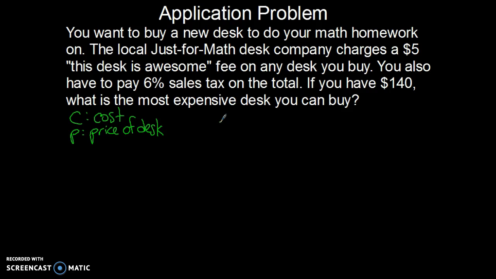Now if we want to find the total cost that we're going to have to pay, well, we know we have to pay for the desk, and we also have to pay that $5 "This desk is awesome" fee. But next, we also have to pay this 6% sales tax. So what that means, we have to pay 6% of our total so far, which is P plus 5. So 6% we can represent as a decimal using 0.06.